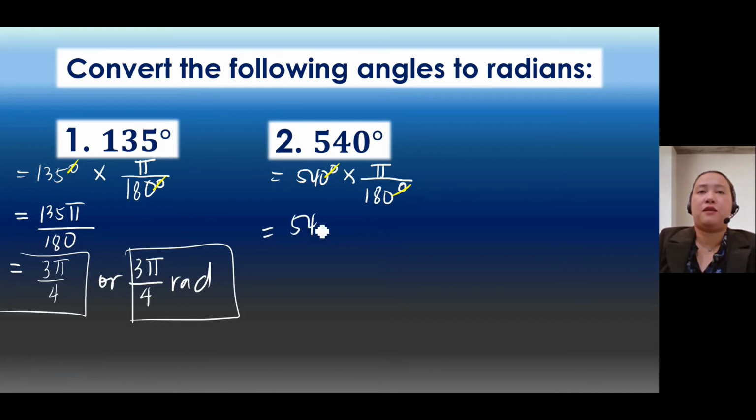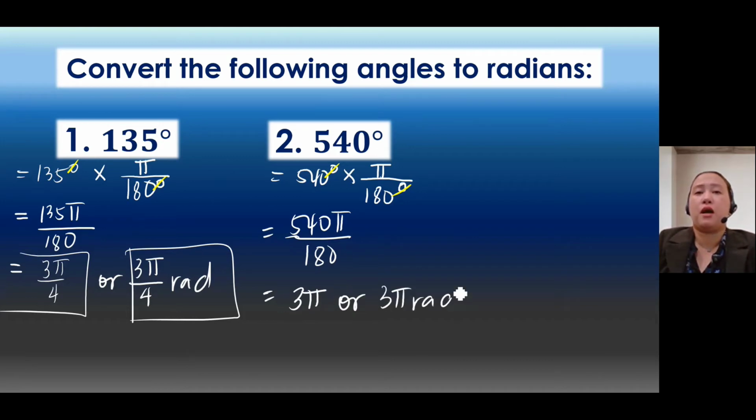So we have here 540 pi over 180. This can be simplified as 3 pi. Or with the unit, we have 3 pi rad.